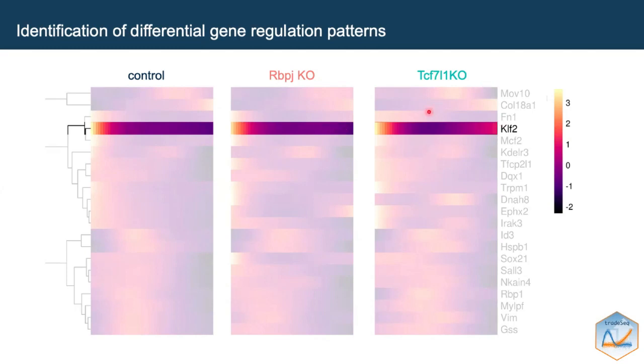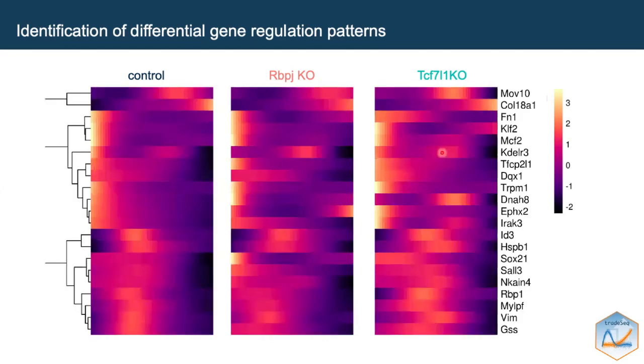But in the TCF7L1 knockouts, there's this escape on this gene. And because TradeSeq can now test for not only different gene expression in pseudo-time, but also different dynamics and kinetics of gene expression over pseudo-time, we can now take this with our corrected cell states and apply it to this indirect versus direct effects.